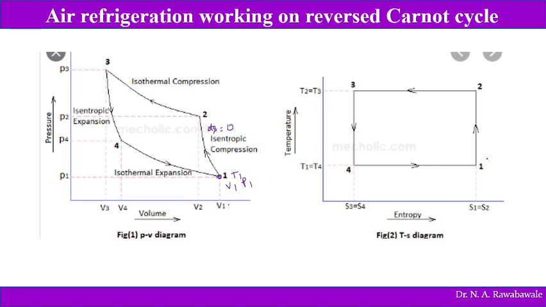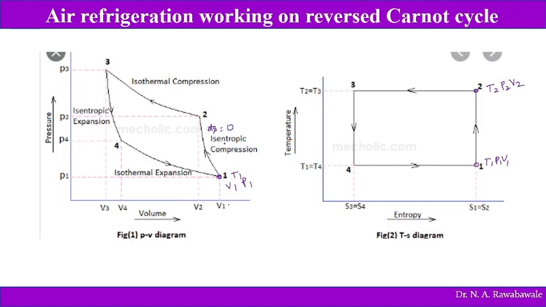Same process is shown on TS diagram. So the air at temperature T1, pressure P1, volume V1 is compressed from state 1 to state 2 adiabatically. Adiabatic process is shown by a vertical line on TS diagram. So at point 2, temperature reaches T2, pressure reaches P2, volume reaches V2.